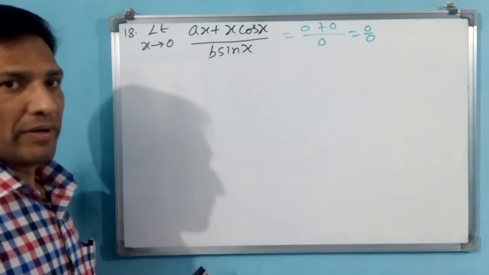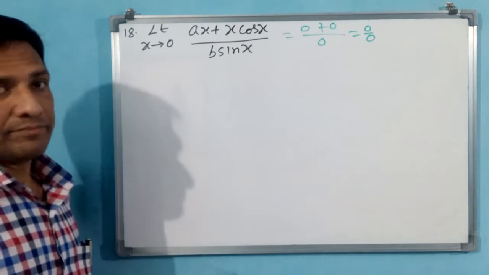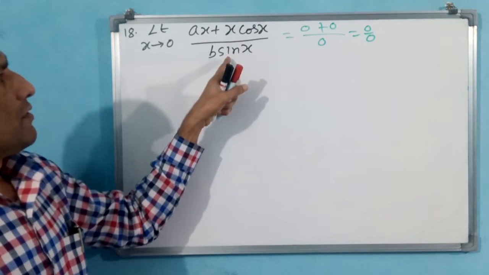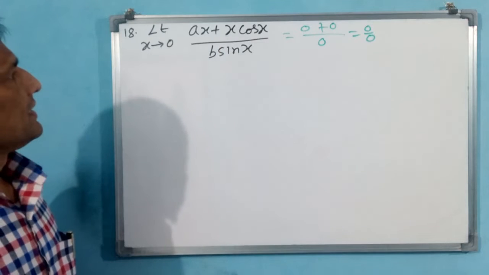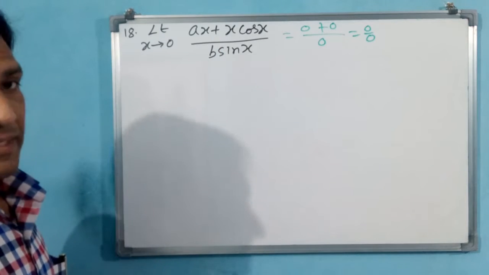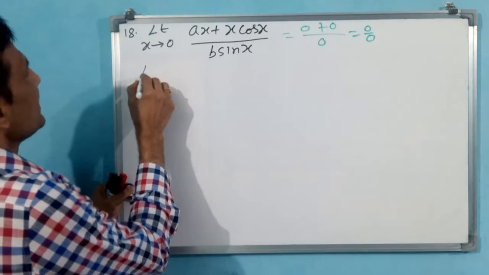You cannot take it common. See, like our formula, x by sin x, like that. That also you can do. Yes, sir, x by sin x. You make it. See how I am making it.